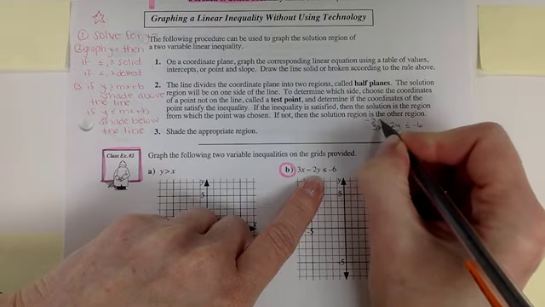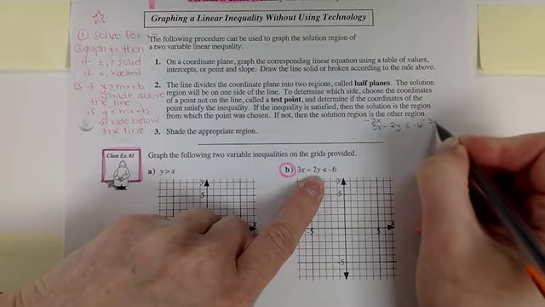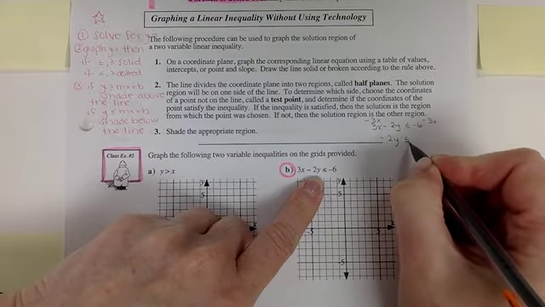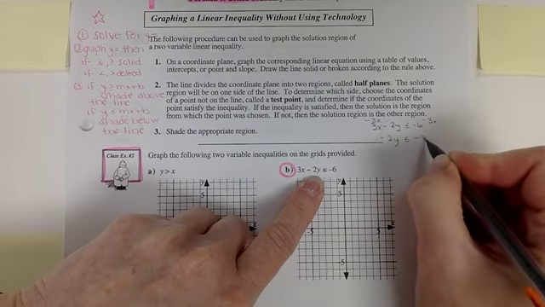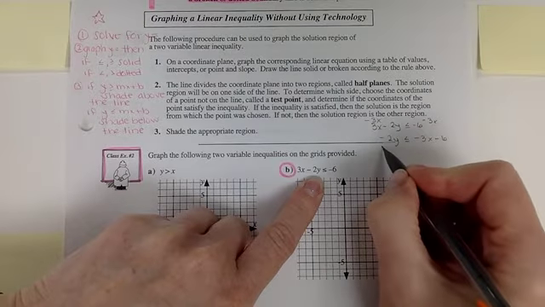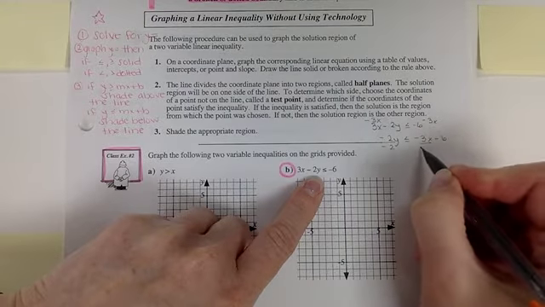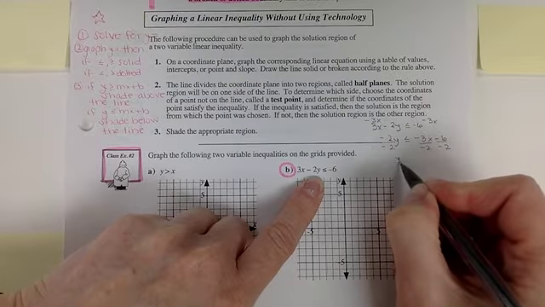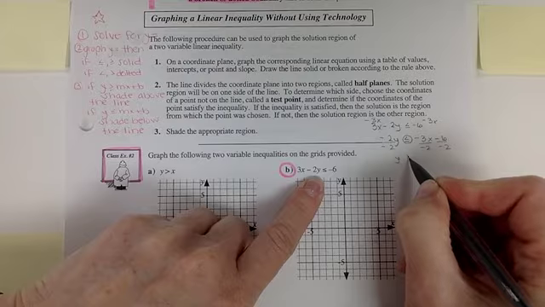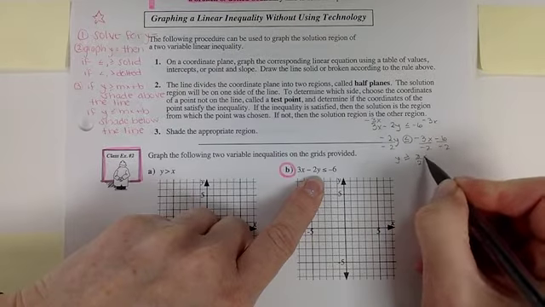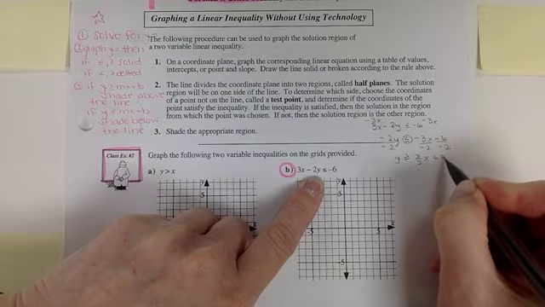Minus 3x, minus 3x. -2y is less than or equal to -3x minus 6. Divide by -2, divide by -2, divide by -2. Y is greater than or equal to 3/2 x plus 3.